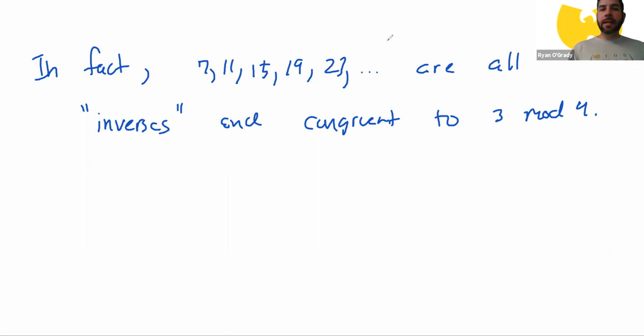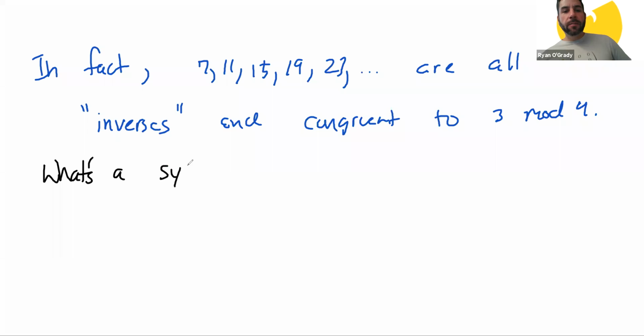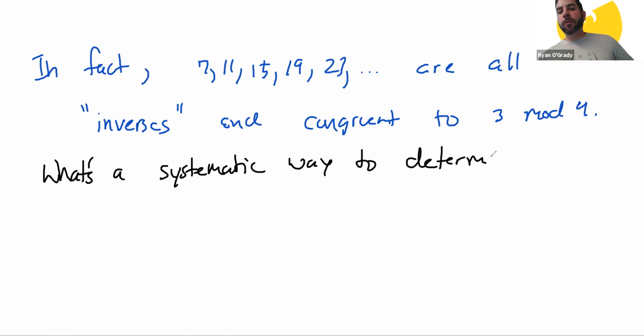So the question is, without guessing and checking, what's a systematic way to determine inverses? You use the Euclidean algorithm.